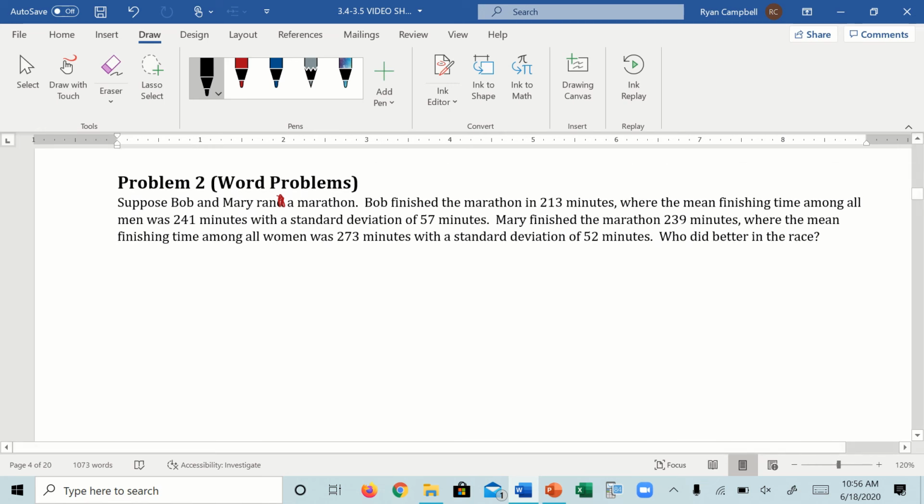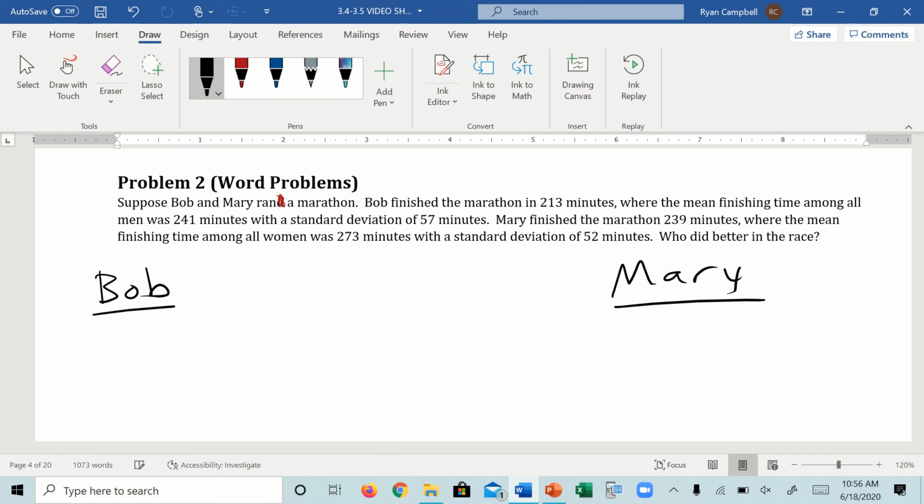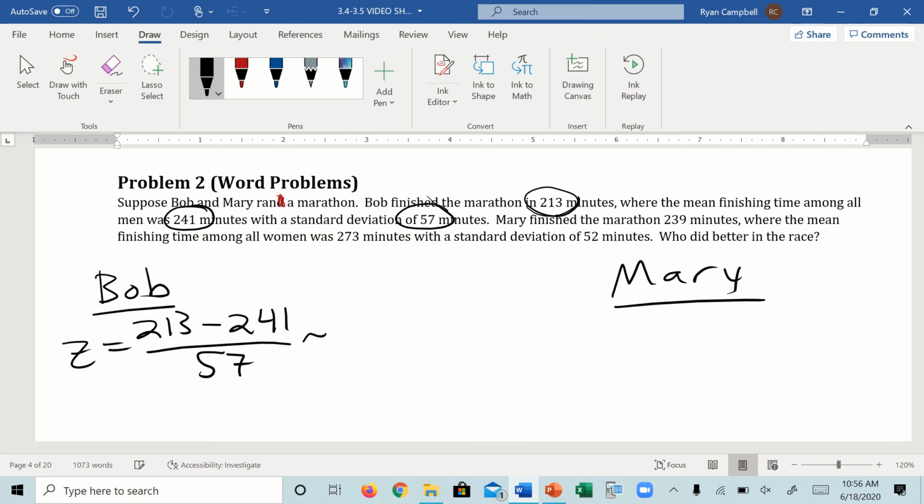So this one's a little trickier, but again, we want to see comparison with the z-score. So we have Bob and Mary. We have the data value for Bob, which was 213, minus the mean of 241 divided by the standard deviation of 57.